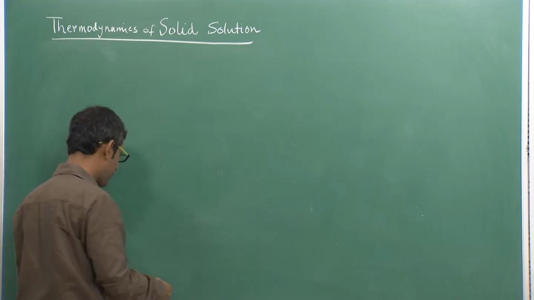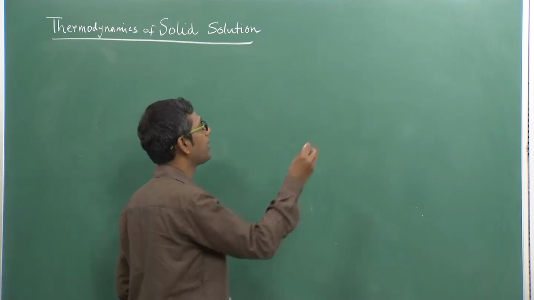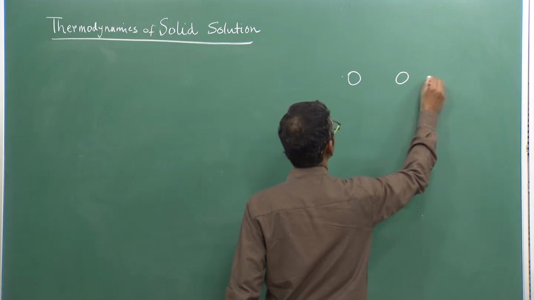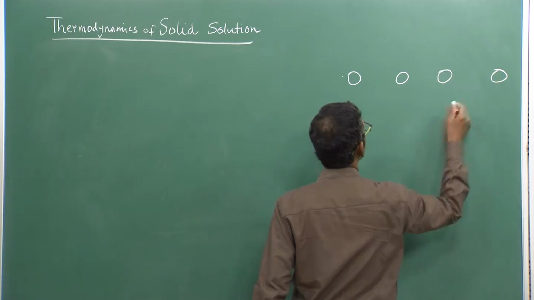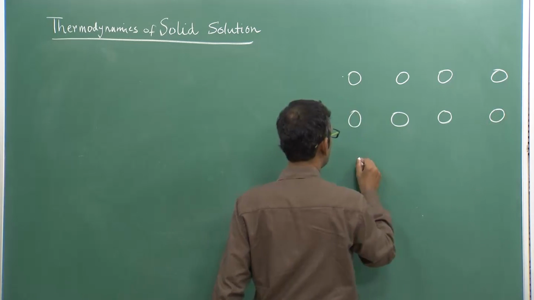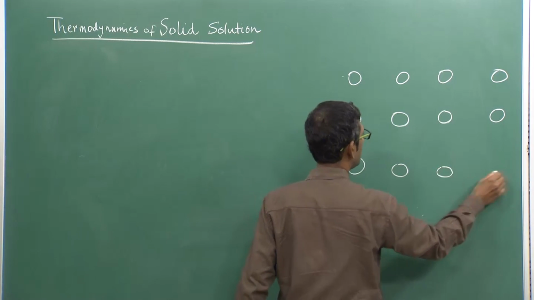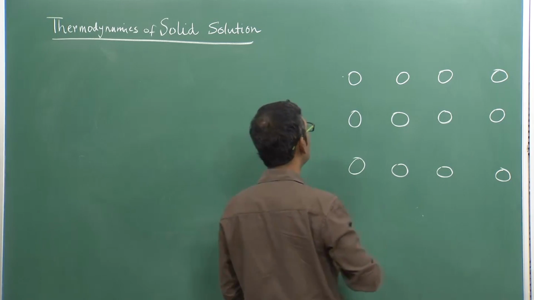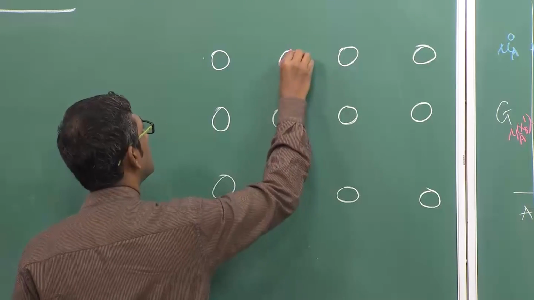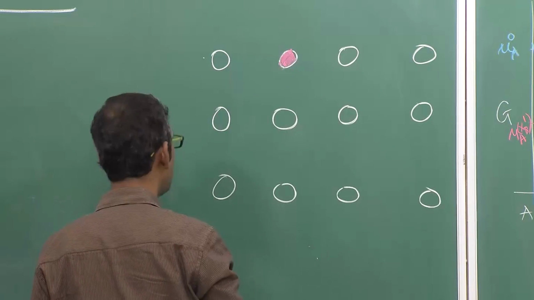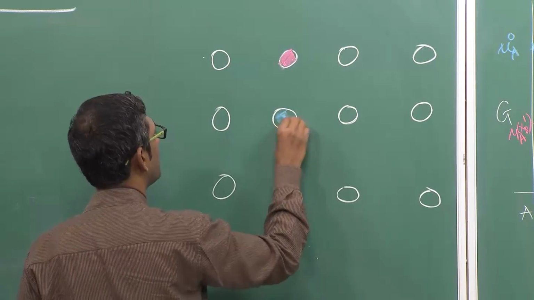Let us first draw a simple 2-dimensional lattice of atoms. Okay, this is a 2-dimensional lattice of atoms, and let us suppose this is my B atom. And this is my A atom.